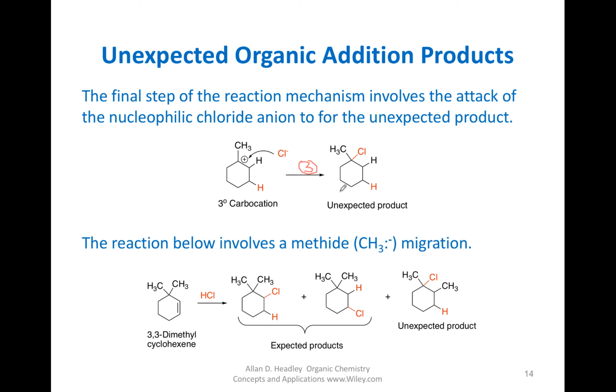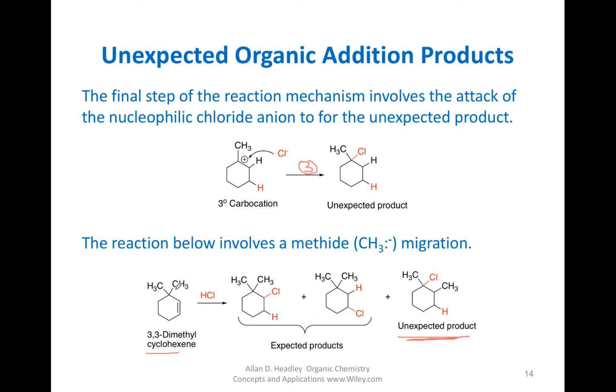Here's a classic question that we typically ask students: if you have this as your starting material, here is an unexpected product. How is that formed? What is the mechanism for that? Let us quickly see if we can figure it out.